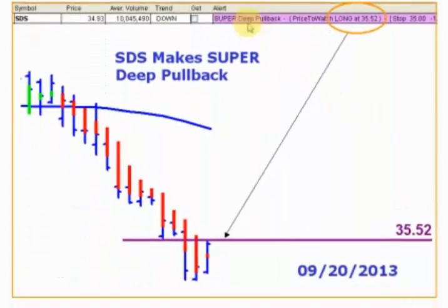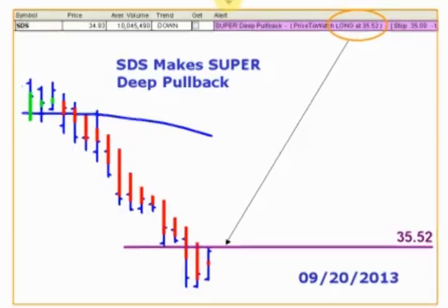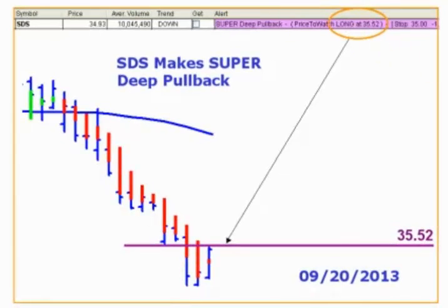All right, here is a super deep pullback in the SDS, which is actually the reverse ETF of the market. So this trade here was actually a short play on the market. SDS is 2 times reverse leverage on the SPY. So in your mind's eye, flip this chart upside down.